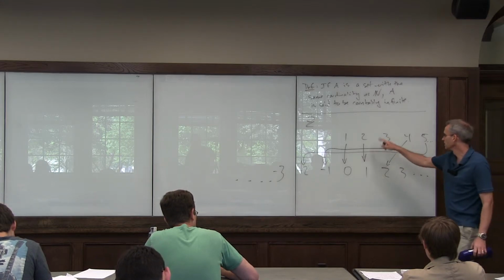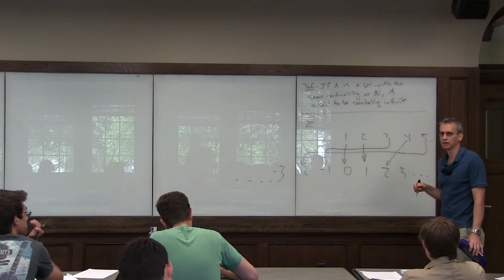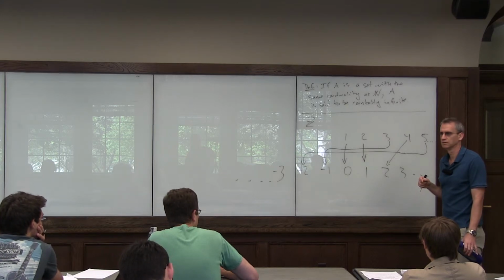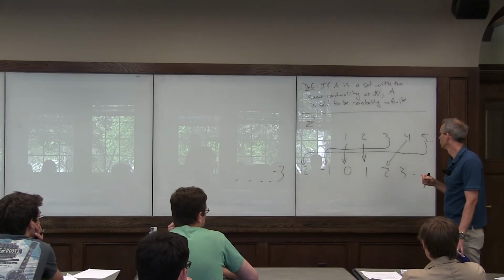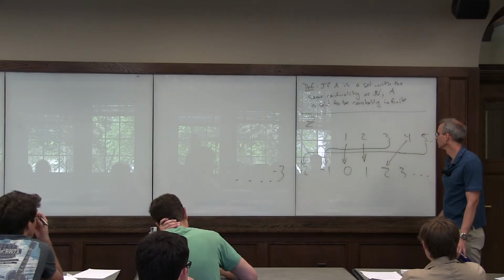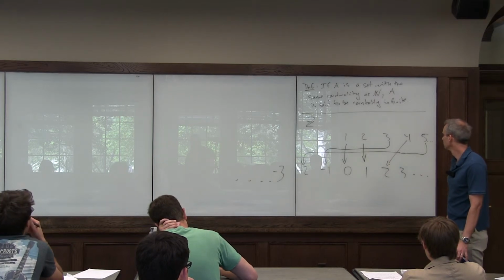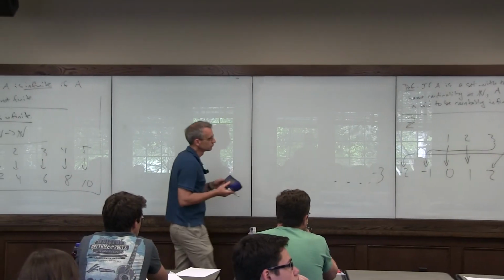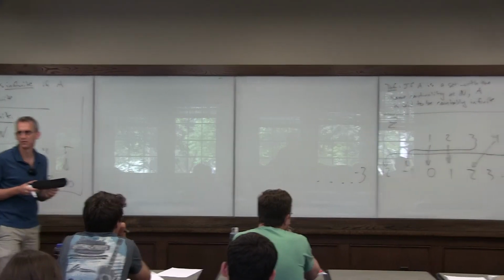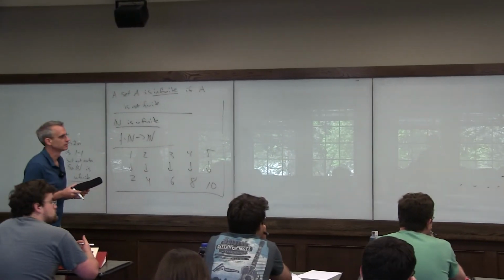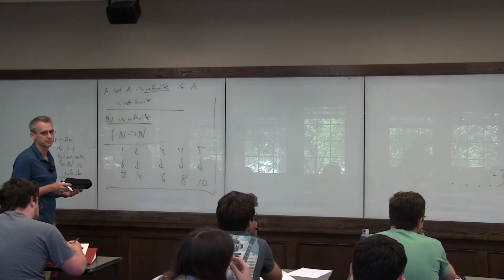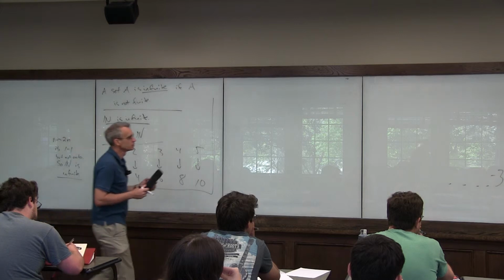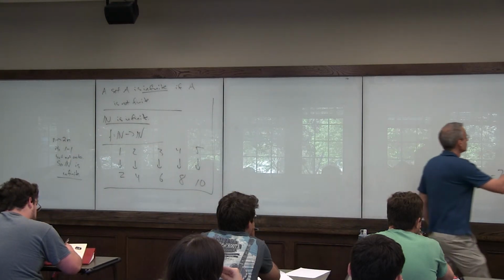For example, if it's even, you're going to the positive, you're going to half of it. Proof by picture. You don't get to get away with that very often, and certainly I don't, but you can write down the formula for that. So Z is countably infinite.